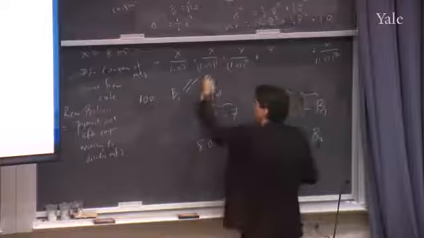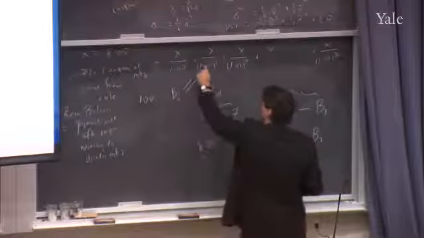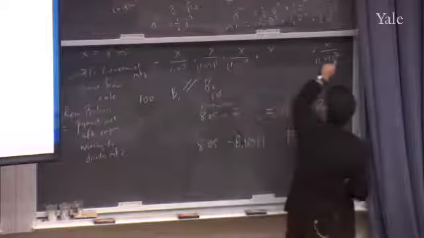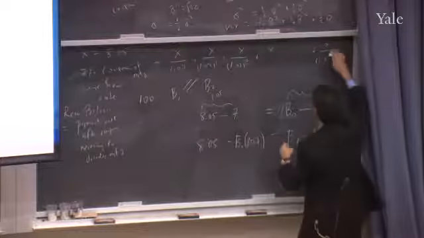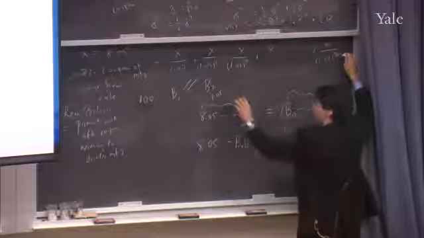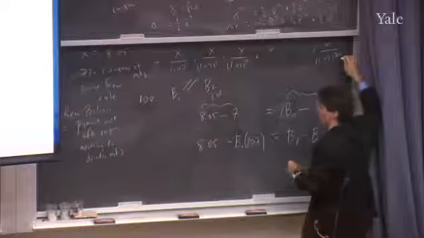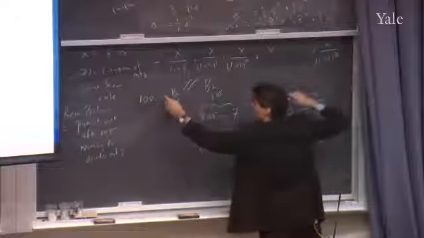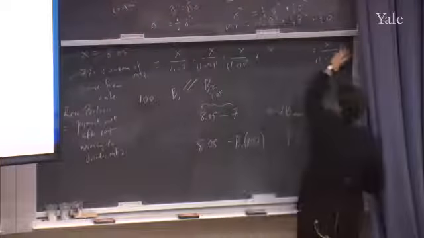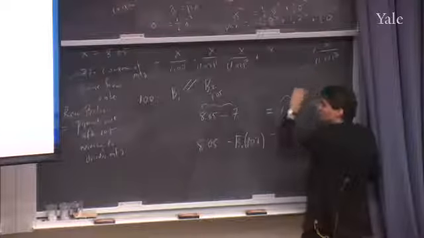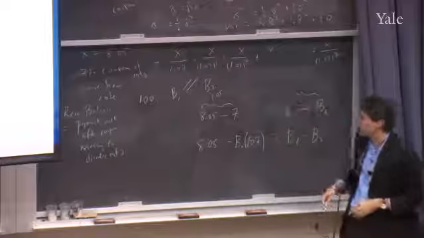Or to put it another way, B1 is X times 1.07, 1.07 squared, and so on, B2 is X times 1.07 to the 28th. The difference between this and this is the last payment, which is 1 over 1.07 to the 29th. The difference between this and this is the last payment, which is 1 over 1.07 to the 30th. As that final maturity gets smaller and smaller, the gap gets bigger and bigger. I'm just rewriting the same thing in different ways.